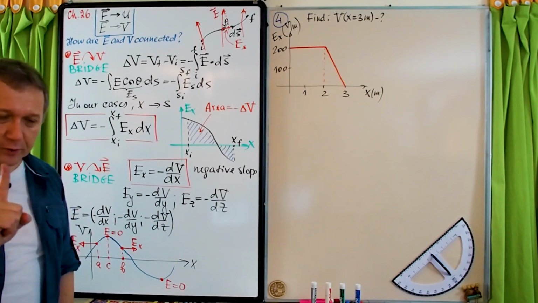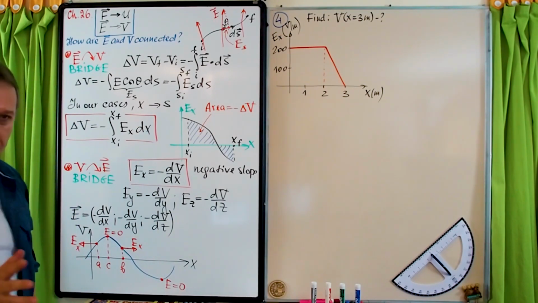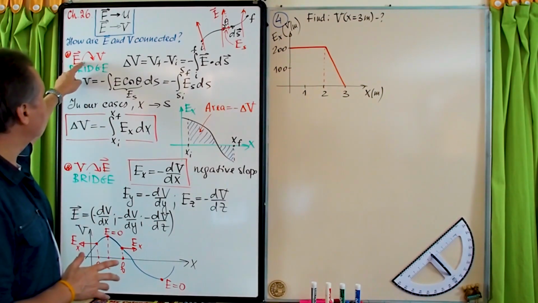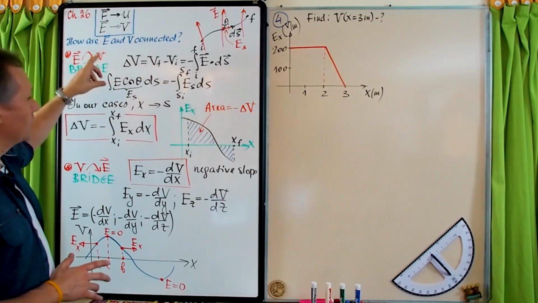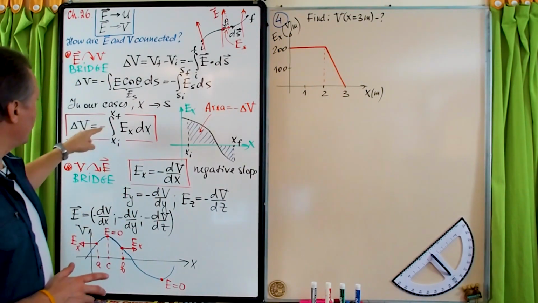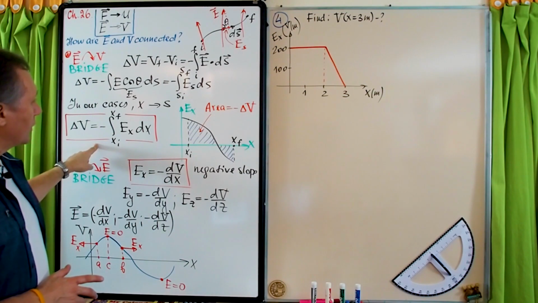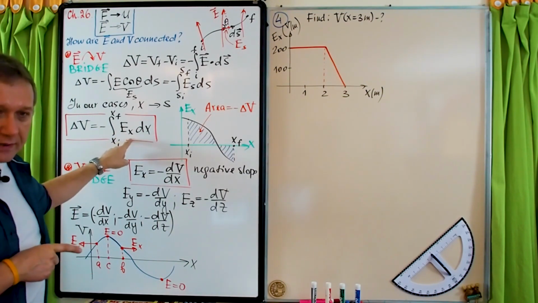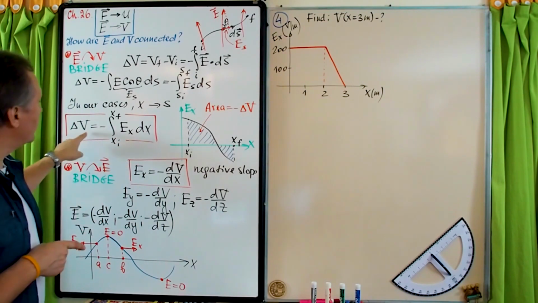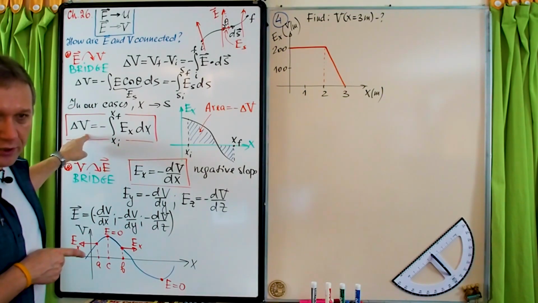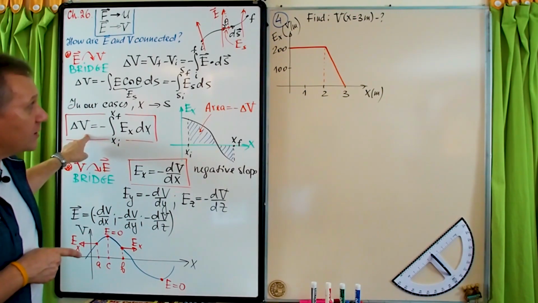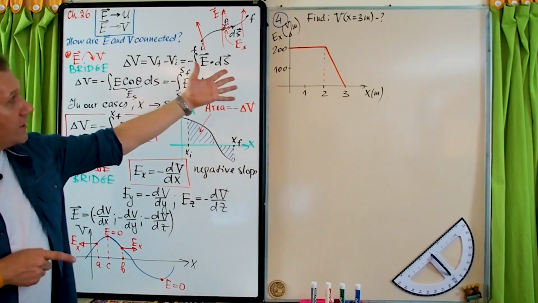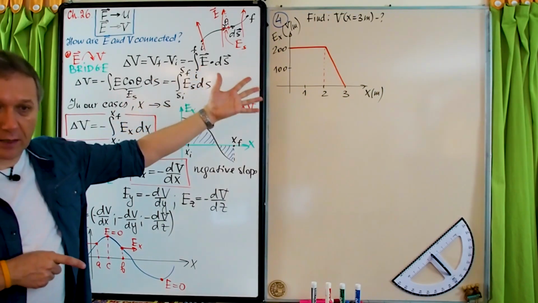First of all, we need to realize which bridge must be used. We're moving from the electric field to the electric potential, so we need to use this bridge. It means that we need to use this formula. And look, this formula relates the electric field with the change in the electric potential. If I have that information about the electric field, I can integrate.